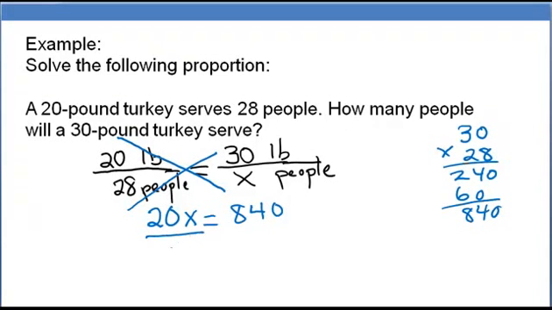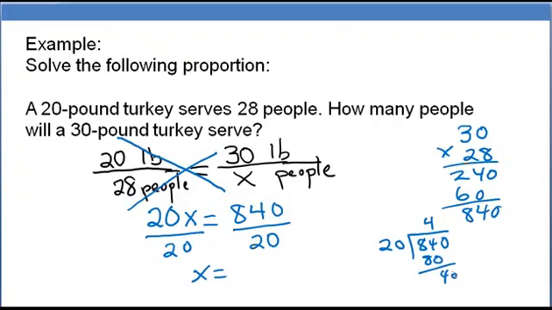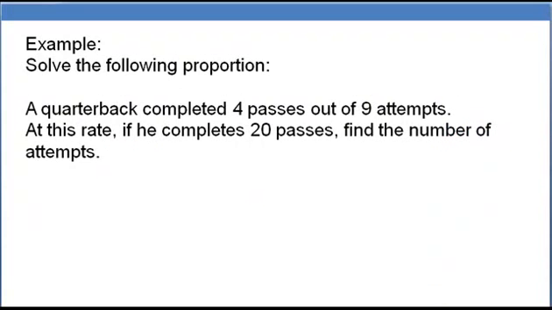And then we divide out the 20, the coefficient of the x, to give us x equals. So we need 20 into 840, and we can go into 80. And 2 times. So x equals 42.